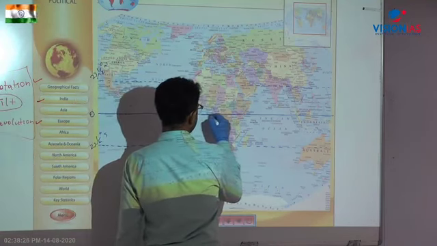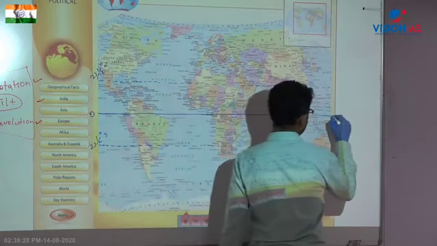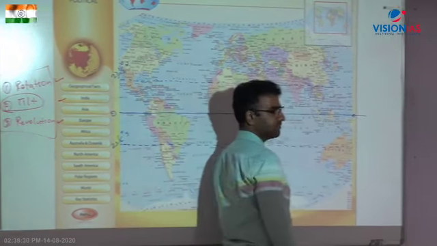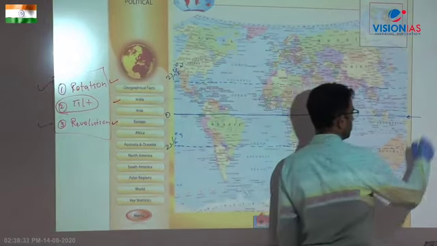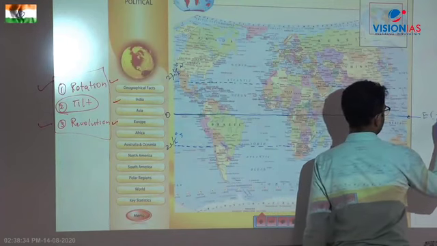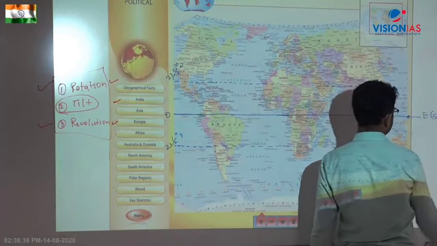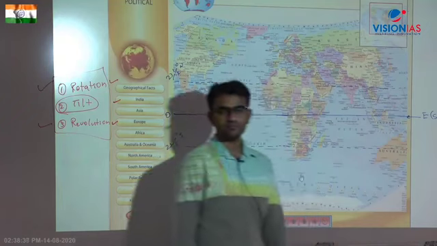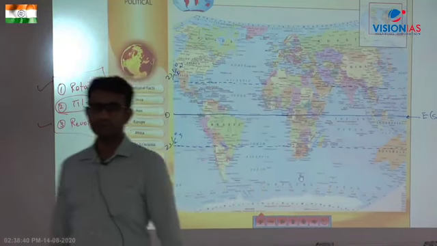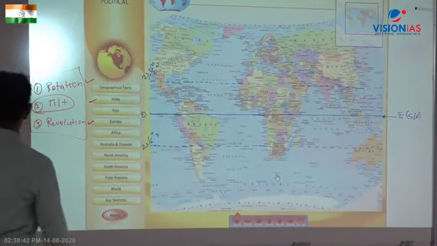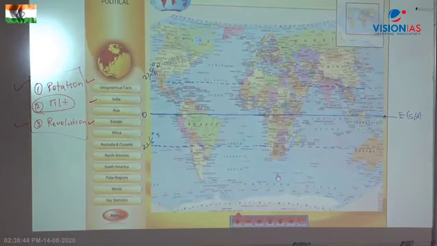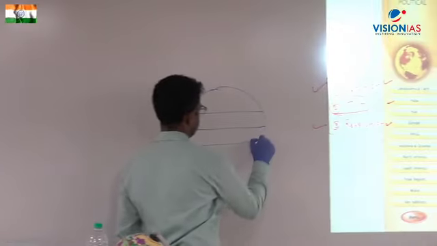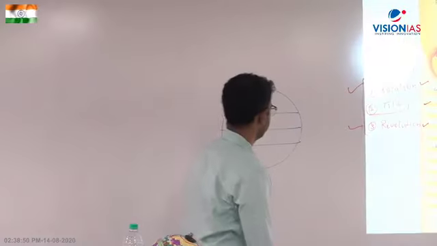The sun rays would fall vertically along here, along 0 degrees. When will that happen? During the equinox, both spring and autumnal equinox. Right? So if you want to represent the earth, this is what we have shown over there.